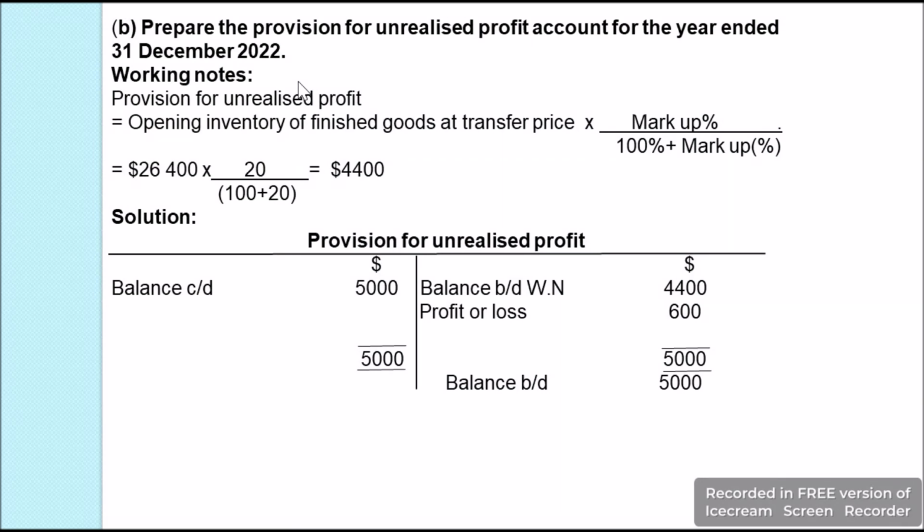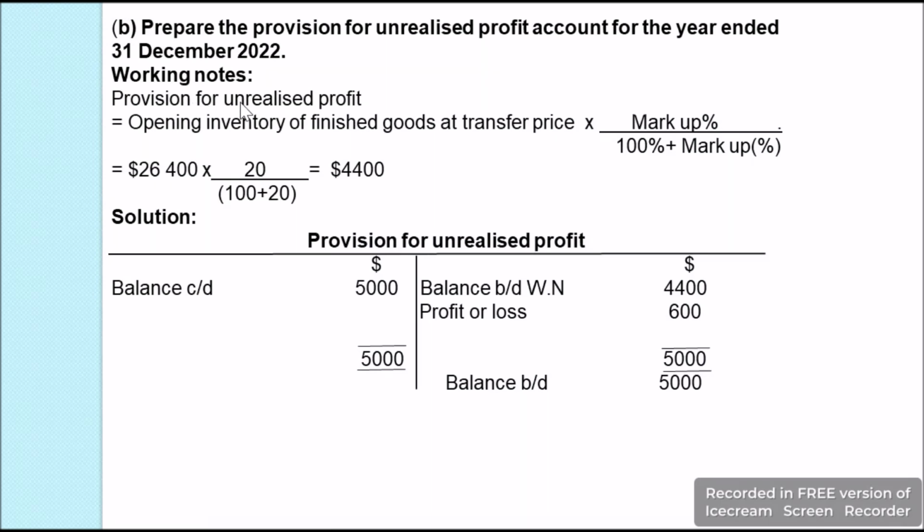We transfer it at a transfer price, and this transfer price also includes the factory profit, and as this profit has not been earned, it has not been realized, hence it is called unrealized profit. And as it is not earned, based on the prudence concept this should not be taken into consideration, hence we make a provision for this, which is called the provision for unrealized profit.